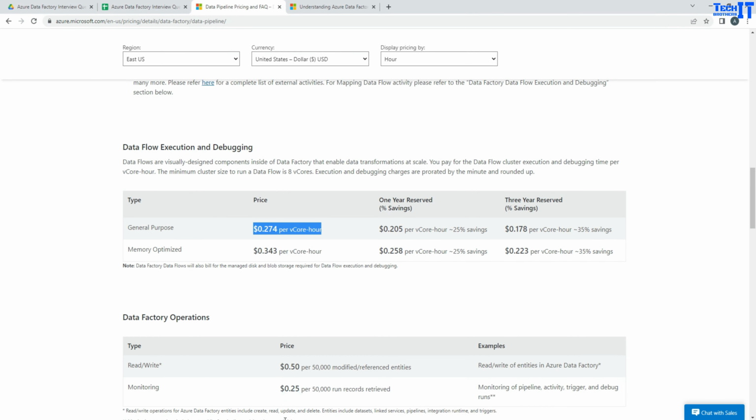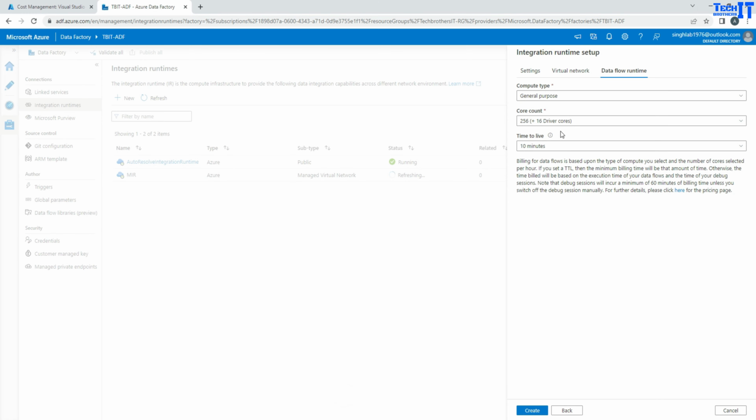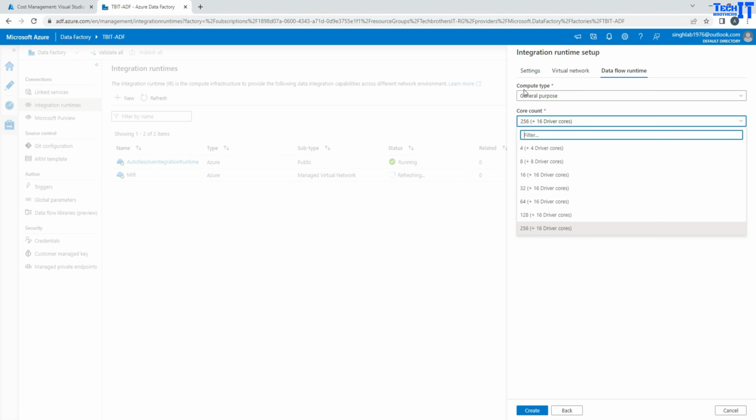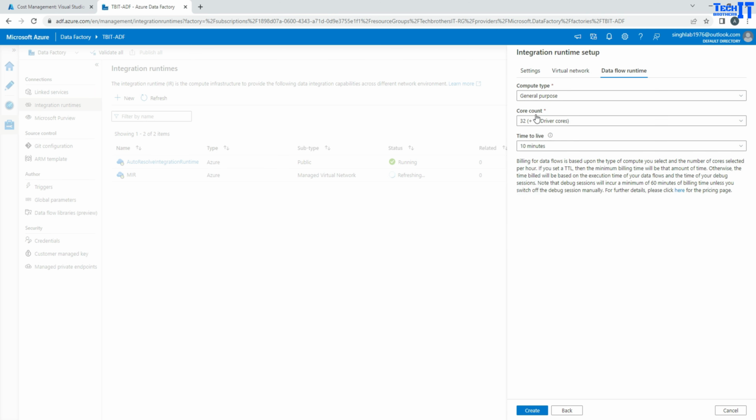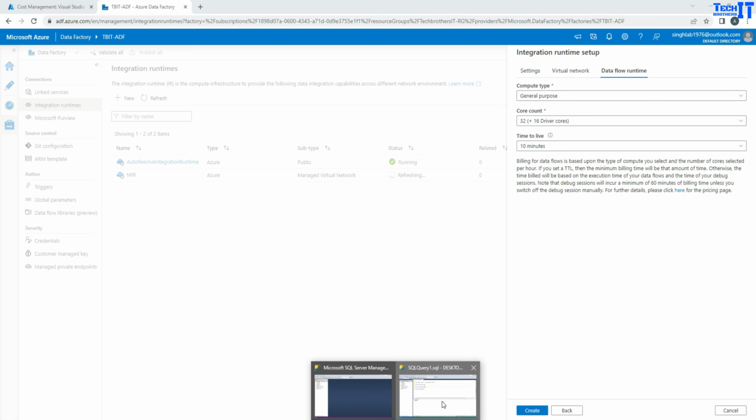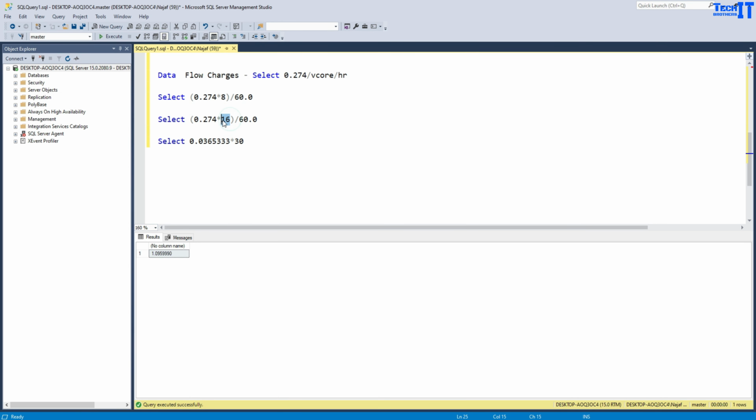I'm going to go with another setting and create an IR with 32 plus 16, that's 48. So now you are providing 48, and I got the price for 48 per minute. If I provide this for 30 minutes, that's $6. So for 48 vCores for 1 hour, I'm paying almost $13.